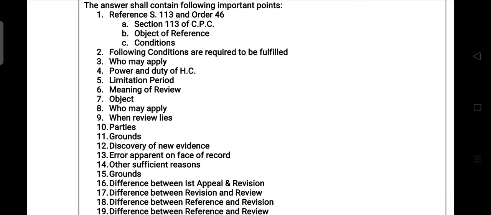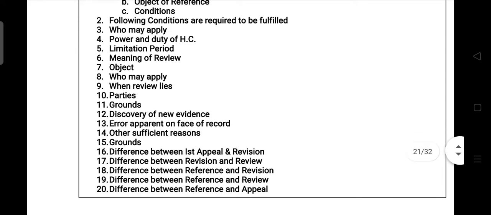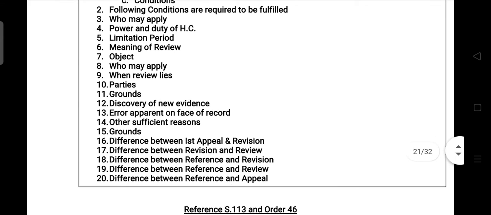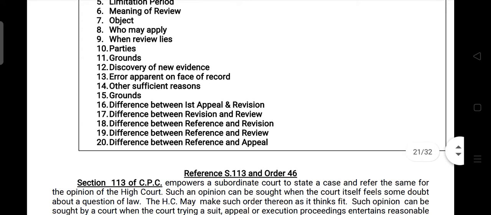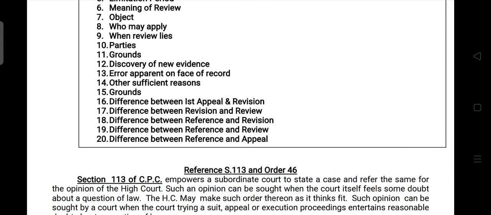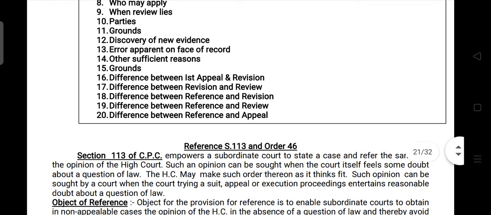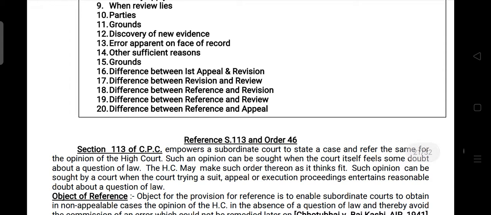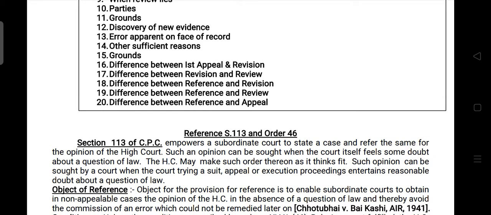Next, the following conditions are required to be fulfilled: who may apply, power and duty of the High Court, limitation period for the reference, and the meaning of review, the object of review, who may apply for review, and when a review lies. Parties, the grounds for making review, discovery of new evidence, error apparent on the face of the record, and other sufficient reasons and grounds.